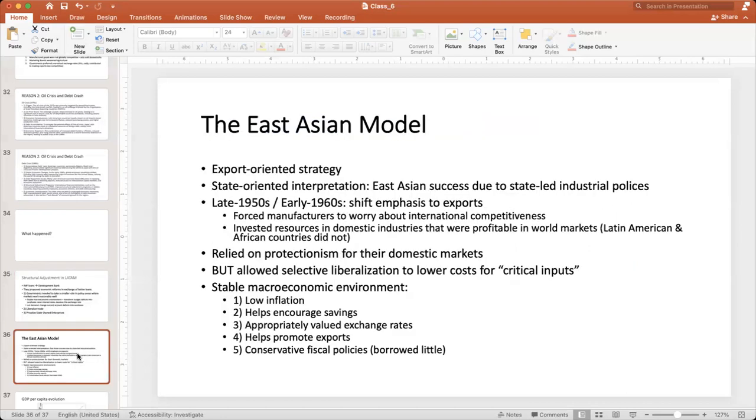East Asia, on the other hand, didn't have to get an IMF structural adjustment. Why? Well, because the decision to adopt an export-oriented strategy in 1960 was a success.